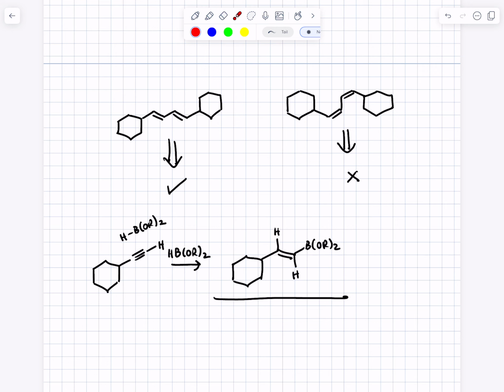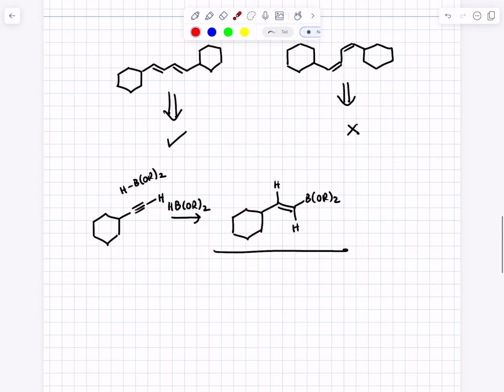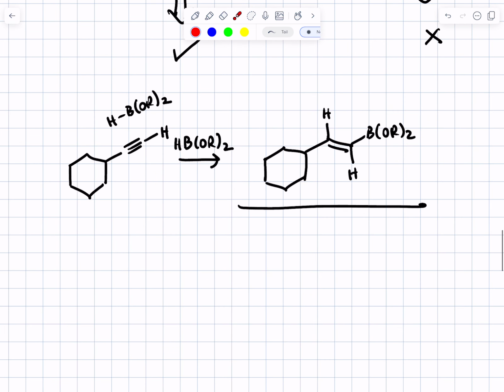The Suzuki reaction preserves the stereochemistry of both the vinyl halide or aryl halide starting material and the stereochemistry of the boronic ester. This method of making the boronic ester can only ever give you E stereochemistry, because as you learned in 351, hydroboration is a syn addition.